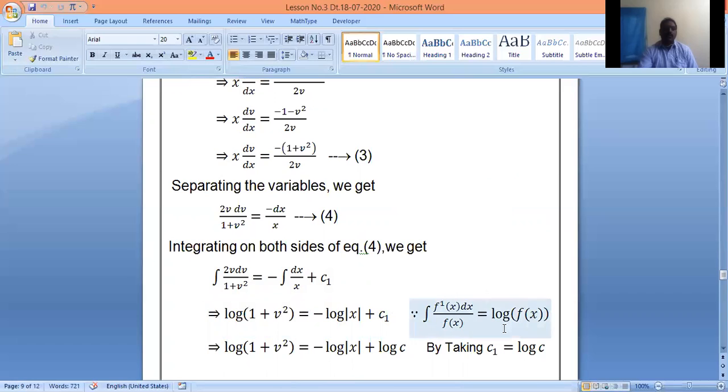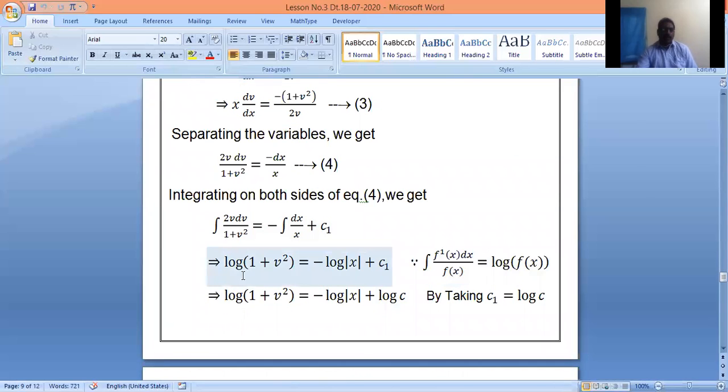Therefore, by using this formula, we can write this integration as log of 1 plus v square. Minus integration dx by x can be written as minus of log of mod x plus some c1. That implies log of 1 plus v square is equal to minus log mod x plus log c, by taking c1 is equal to log c.